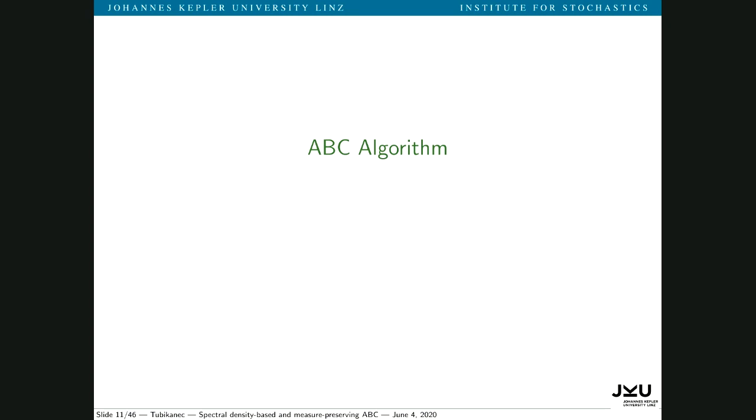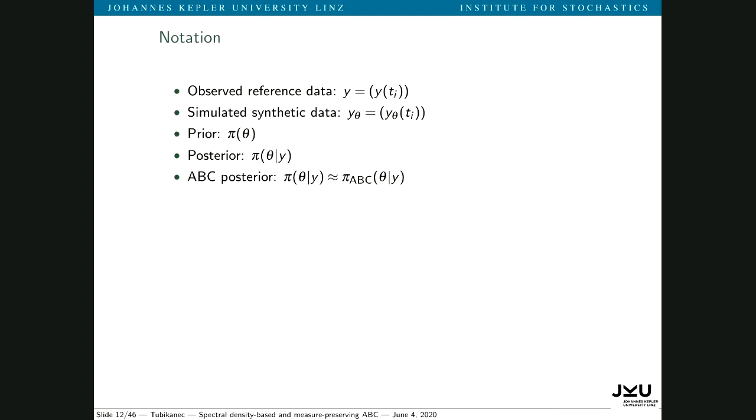And before I show you a very basic ABC algorithm that we used in this work, I just very briefly want to introduce some notation. So in the following, we denote with Y observed reference data corresponding to observations of the output process.